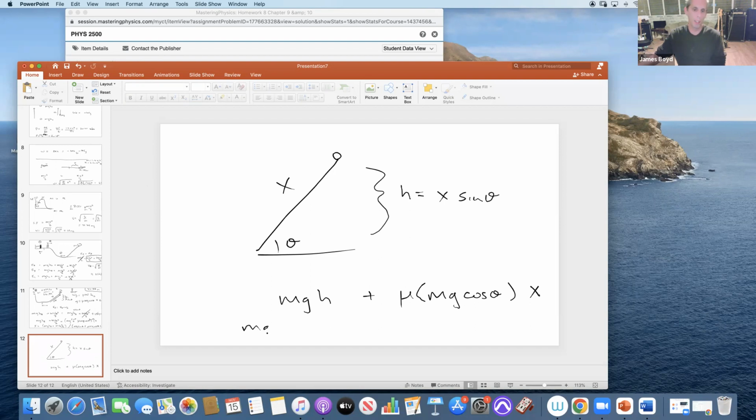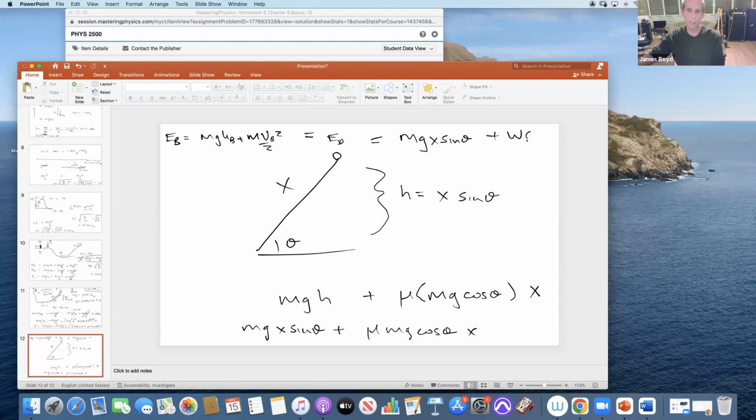So what we have is mgx sine theta plus mu mg cos theta x. I put a sine here and it's not sine, it's x. And that was equal to the initial energy of mgh_B plus m v_B squared over 2, which is equal to E_D, and E_D is equal to mgx sine theta, which is mgh, plus the work of friction, and the work of friction is mu mg cos theta x, and you get 34.